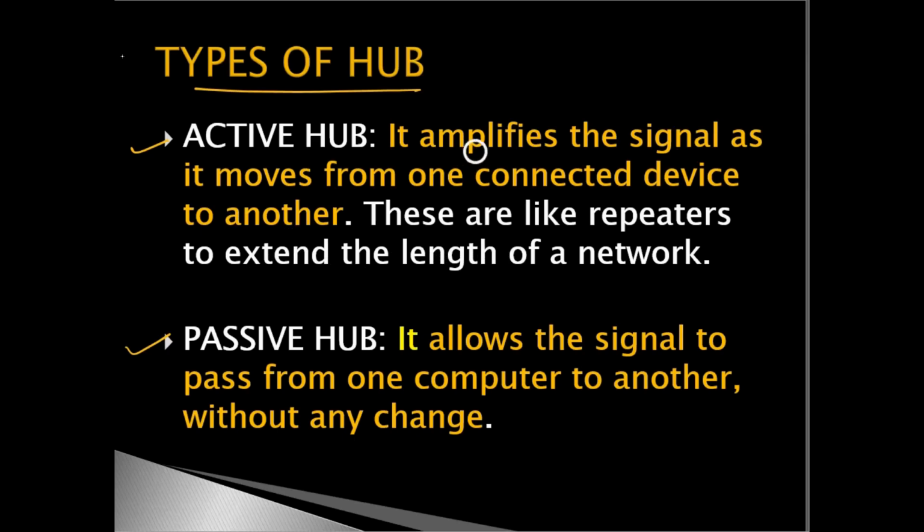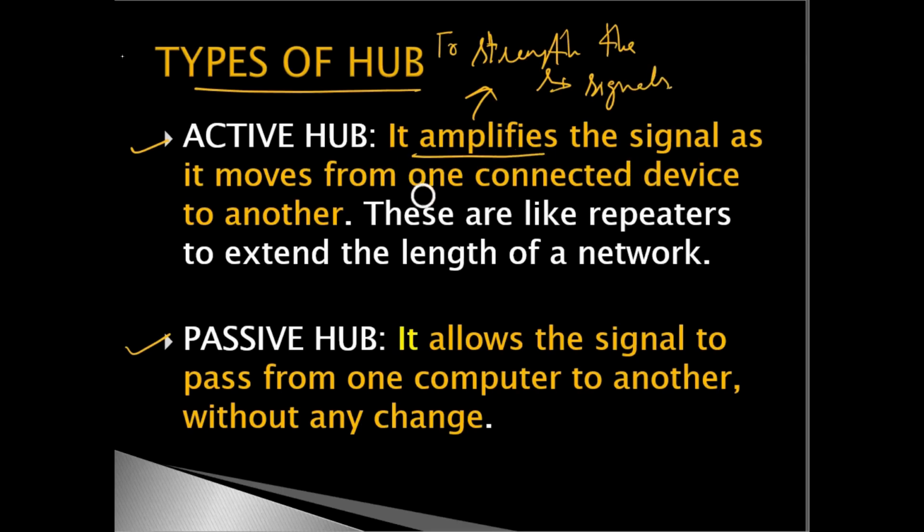What is meant by amplifying? Amplifying is nothing but to strengthen the signals. So it amplifies the signal as it moves from one connected device to another. If there are any signal problems or weak signals in between the connections, this active hub amplifies that.